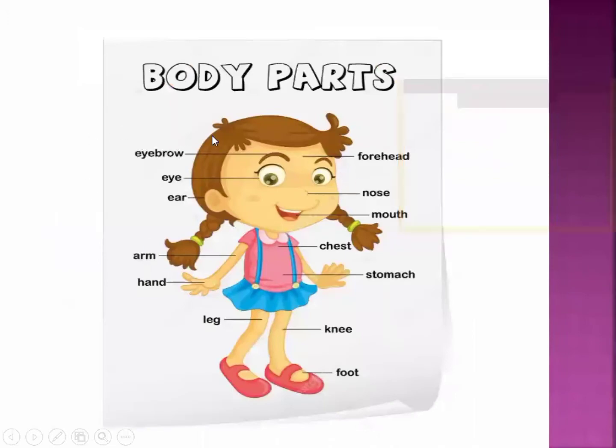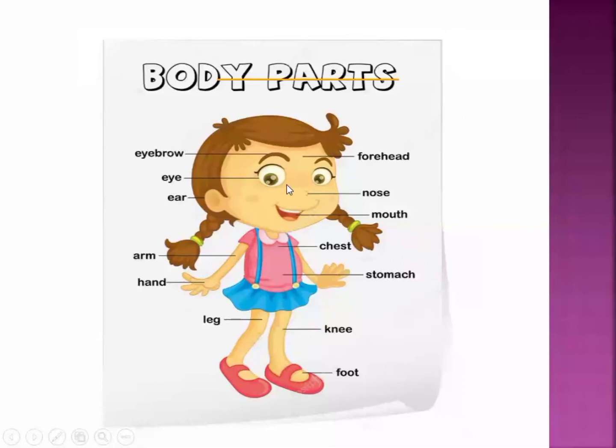As we know, the human body is made with many parts like eyebrow, eye, ear, nose, mouth, arm, hand, leg, foot, knee. These all parts perform different functions.